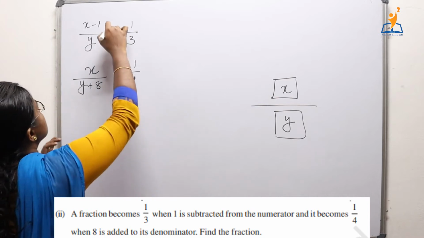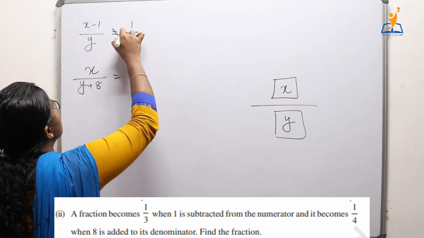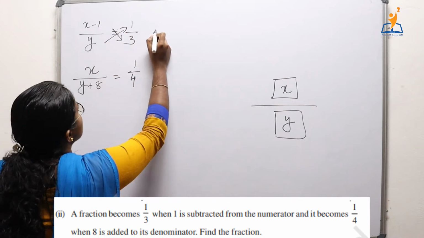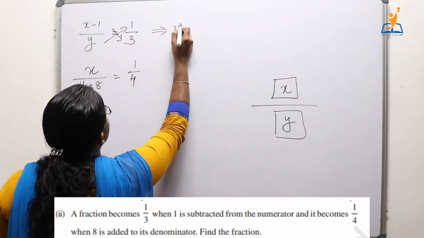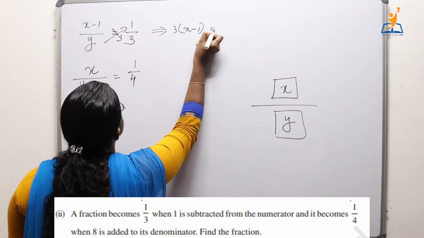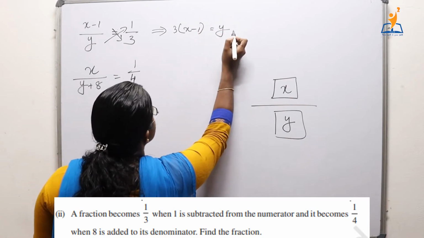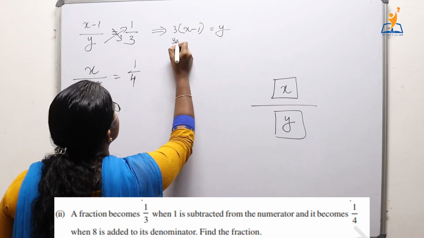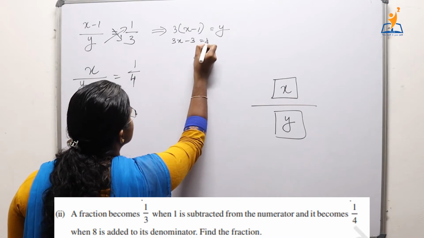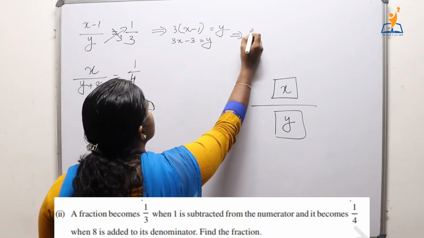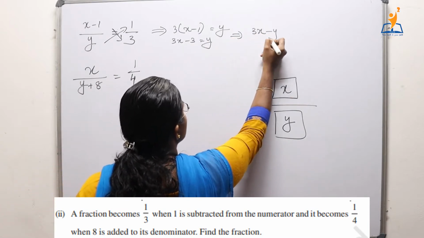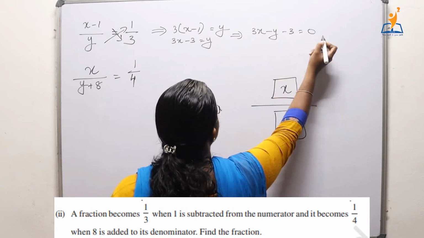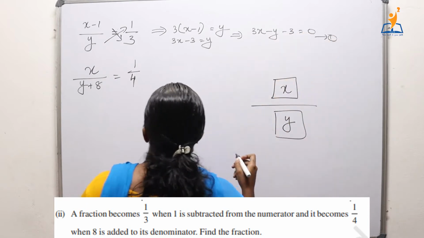So let's cross multiply this. So it will become 3 into x minus 1 equals to 1 into y, that is y. That is 3x minus 3 equals to y. That is 3x minus y minus 3 equals to 0. This is our equation number 1.